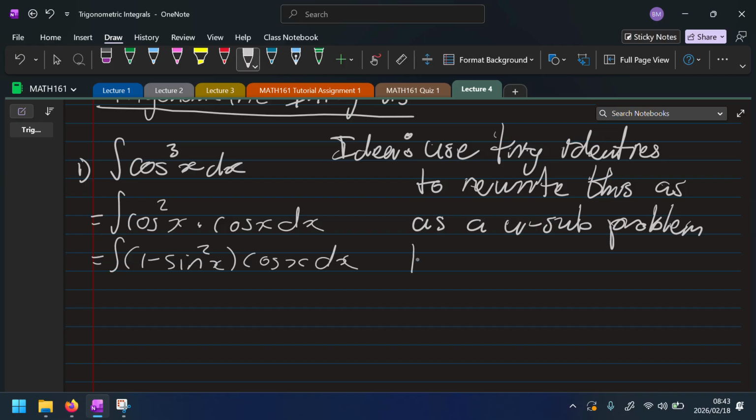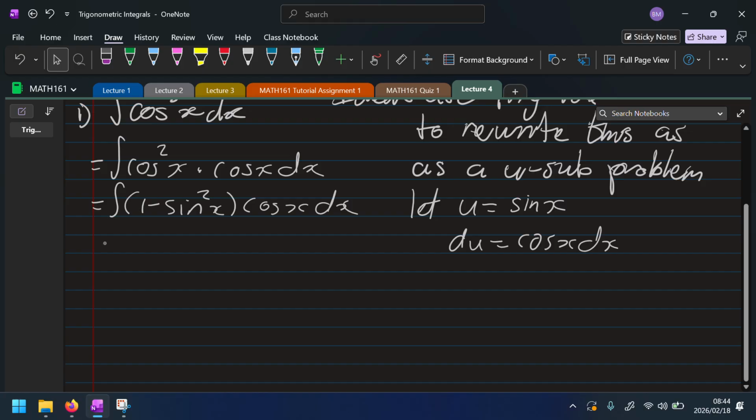So again, the idea is to let u be that sine x that we have. So du will be cos x, which we have on the end there. And now this is just a u substitution, which we've covered previously. So this will become the integral of 1 minus u squared for the first part, and then cos x dx, that's just du.